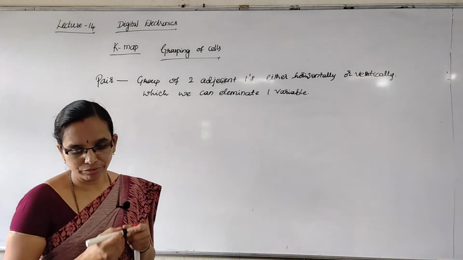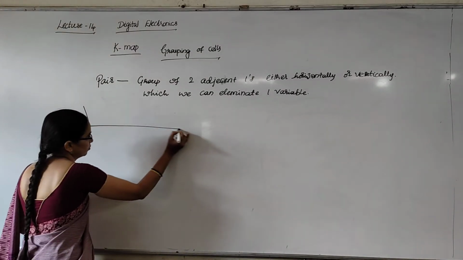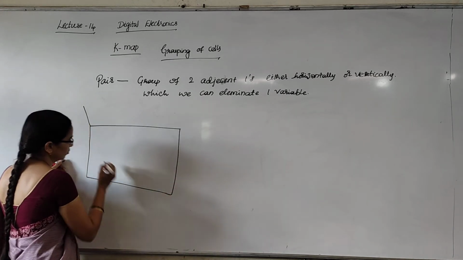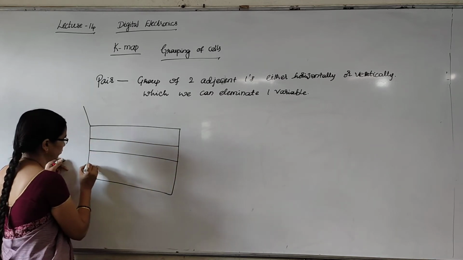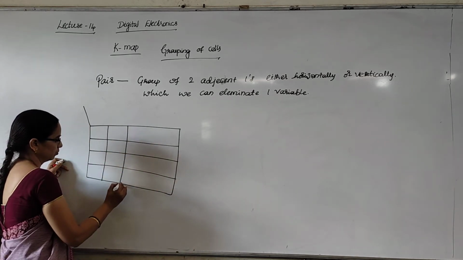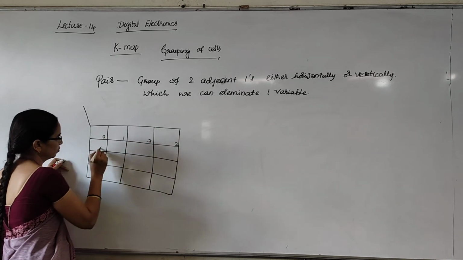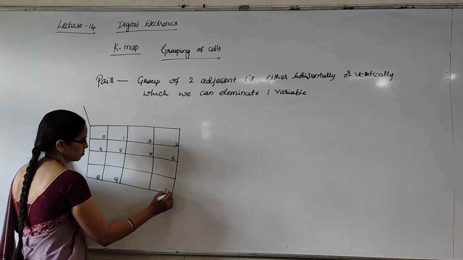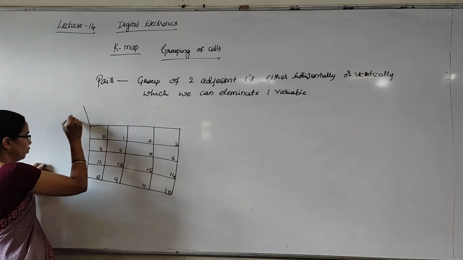Another example I will give. This is a 4-variable K-map.